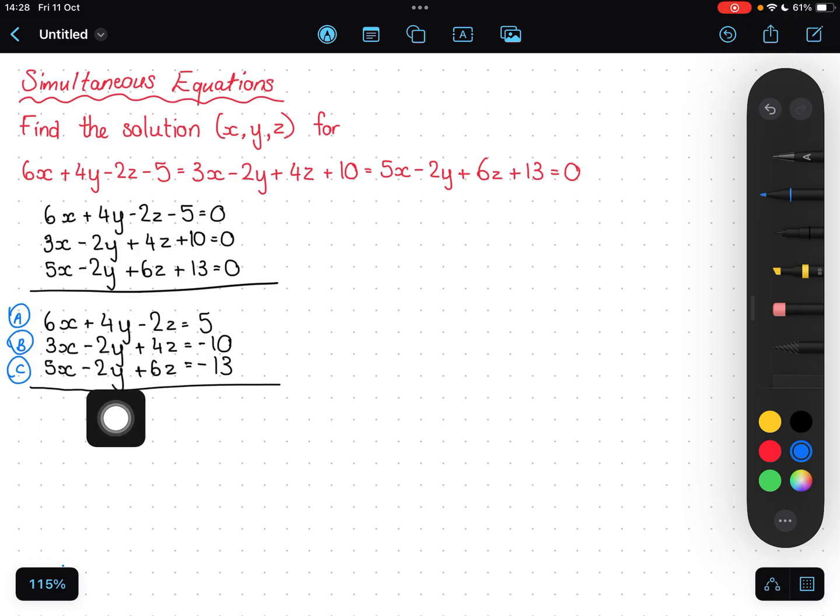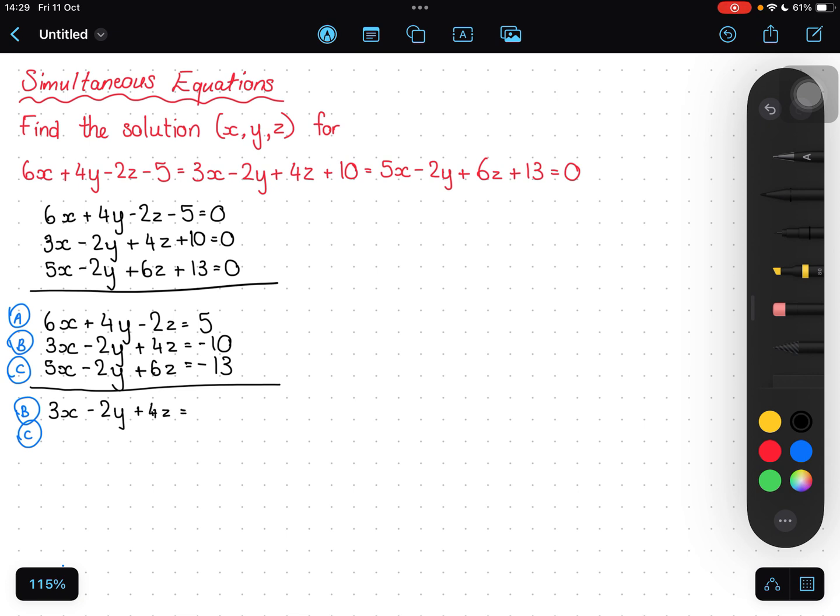So how I do this is I look and see that I need to choose 2 equations where it's going to be easy enough to cancel the y's out. So I might say equations B and C. What I want to see is what I have to do in order to get what's in front of the y to be the same number.